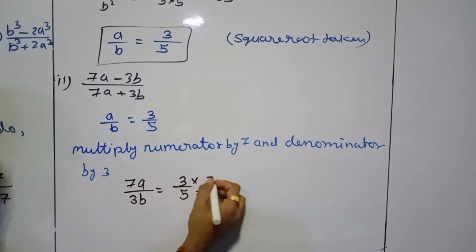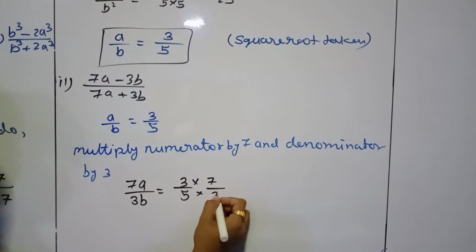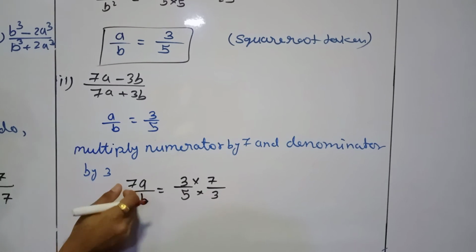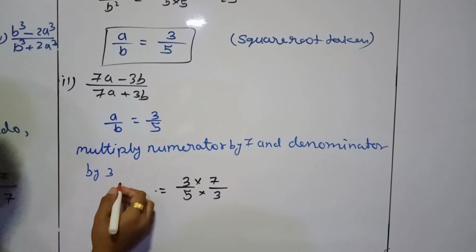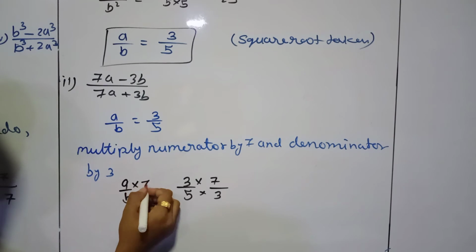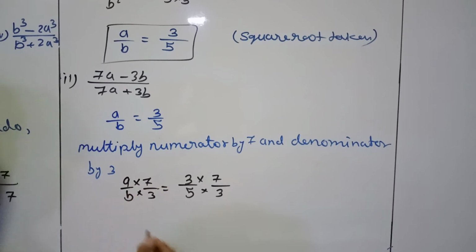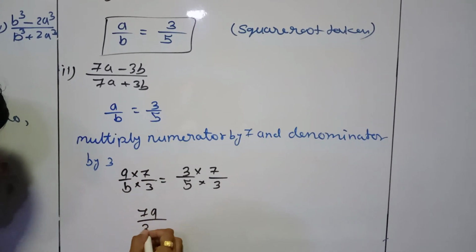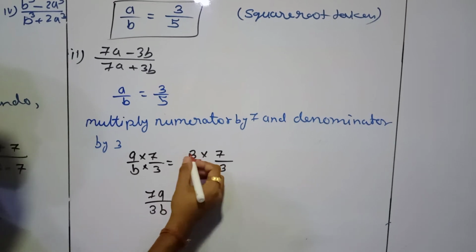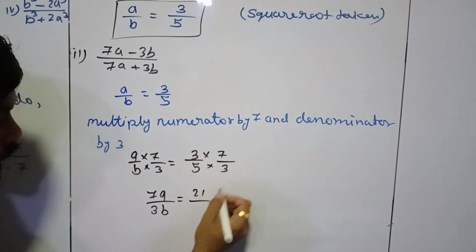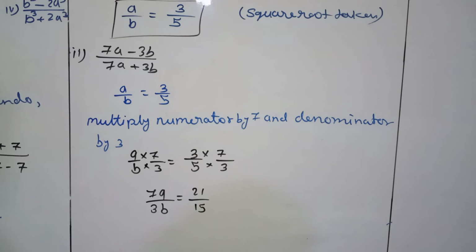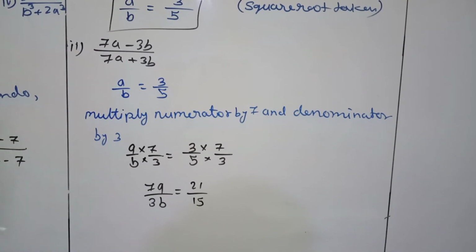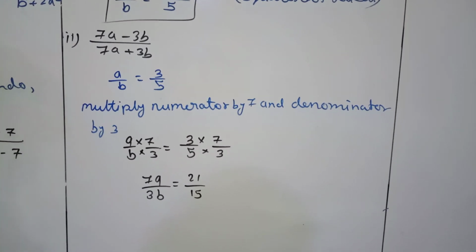What do we have to multiply? 7 upon 3. You should directly write here a upon b into 7 into 3. It will become 7a upon 3b is equal to 7 3s are 21, 5 3s are 15. The next, plus and minus is given, so we have to do componendo and dividendo.